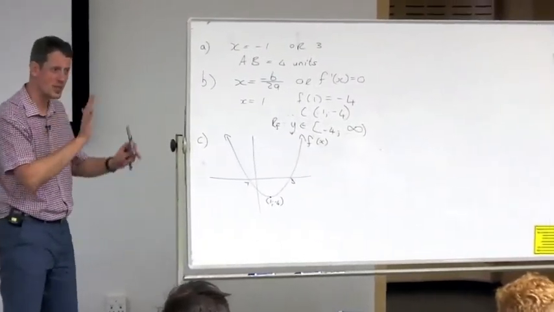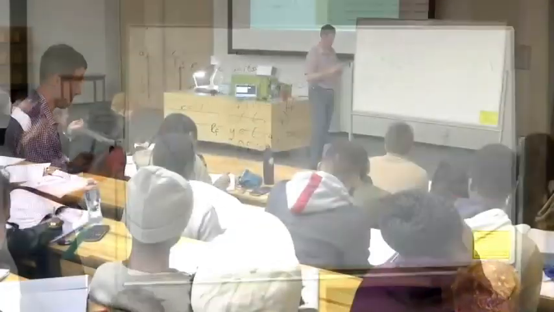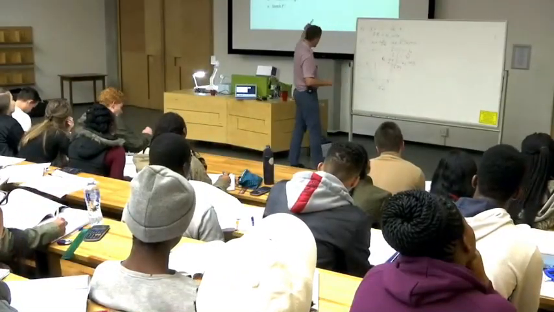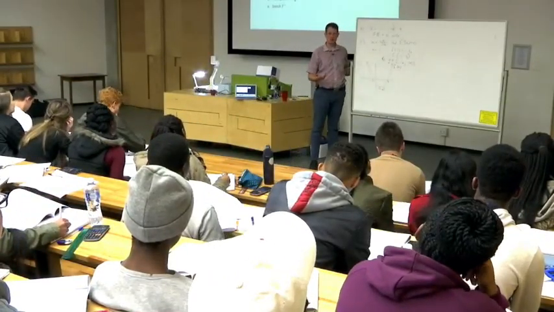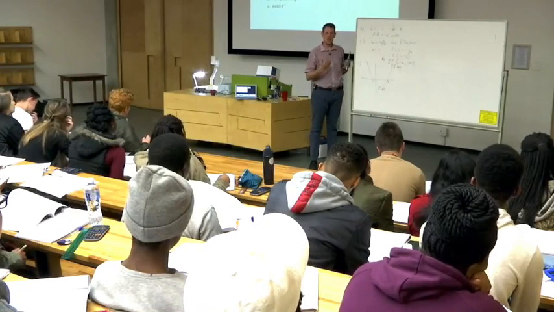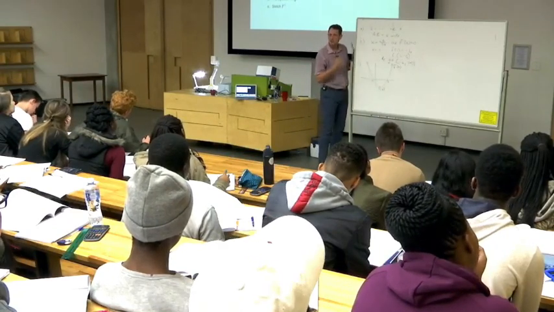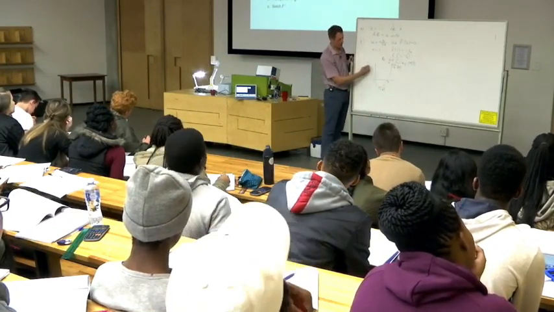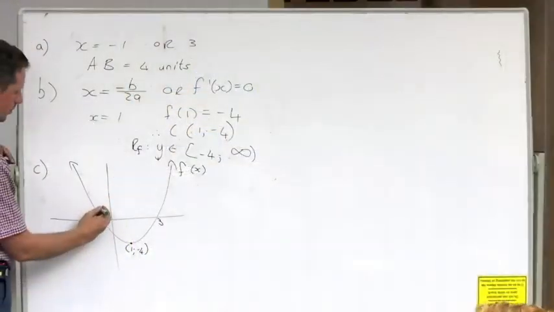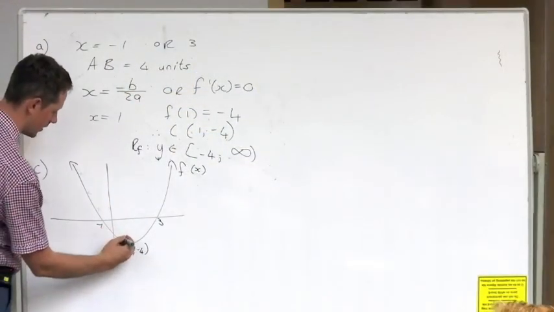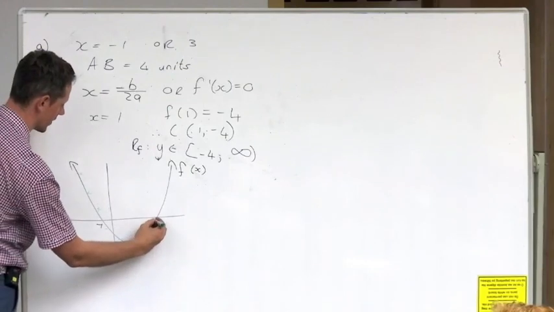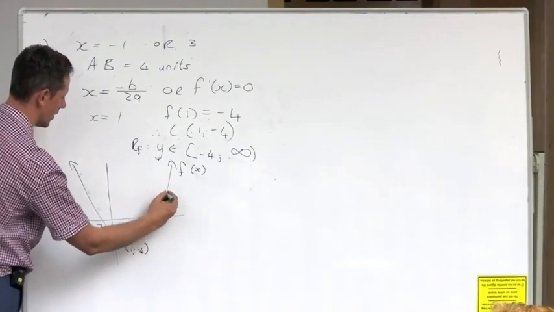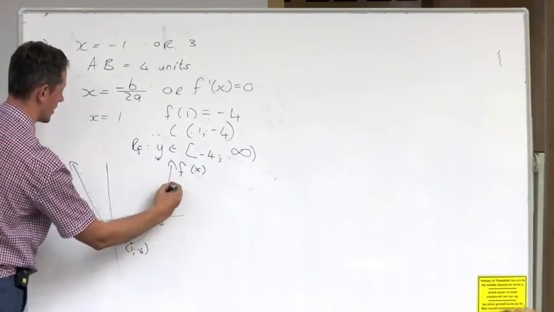Don't get heart palpitations now, please. So where are the y values positive? Now I just go to my graph and I look. Here my y value is positive, positive, positive, negative, negative, negative, negative, negative, positive, positive, positive, positive.